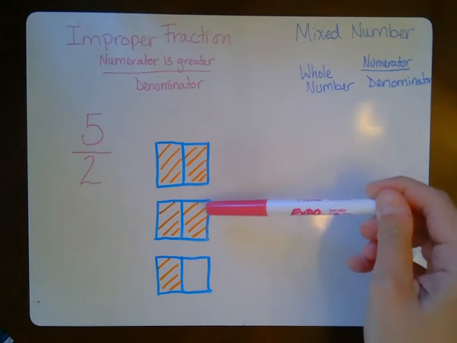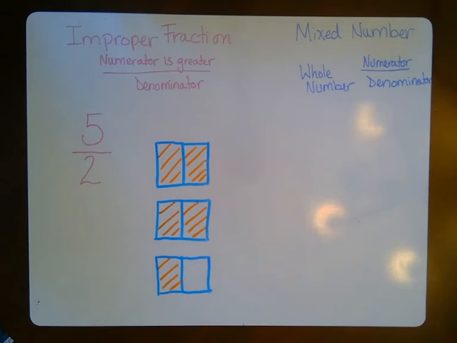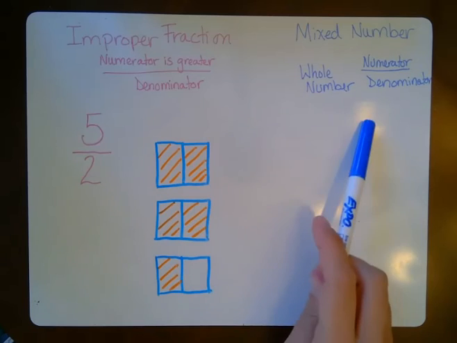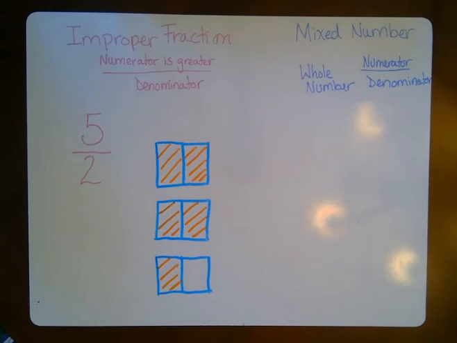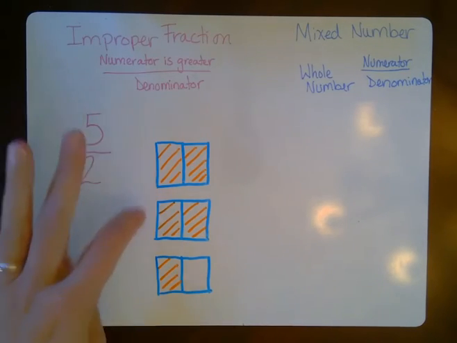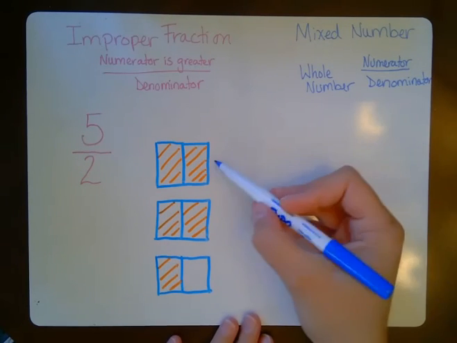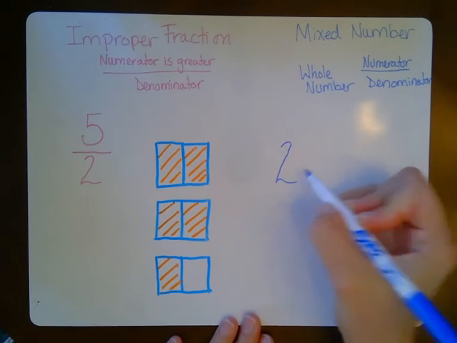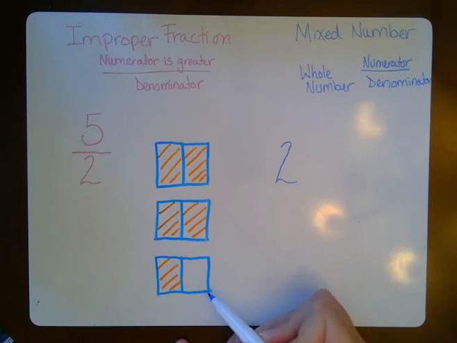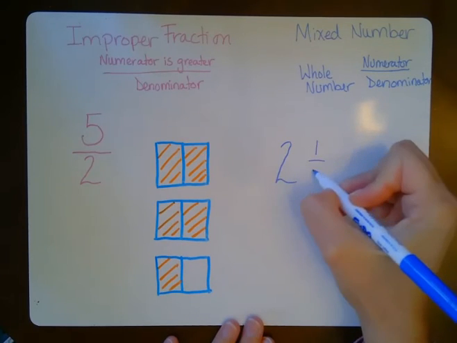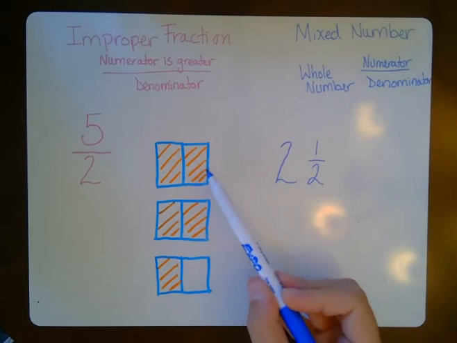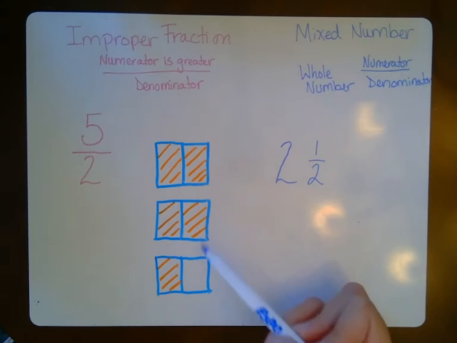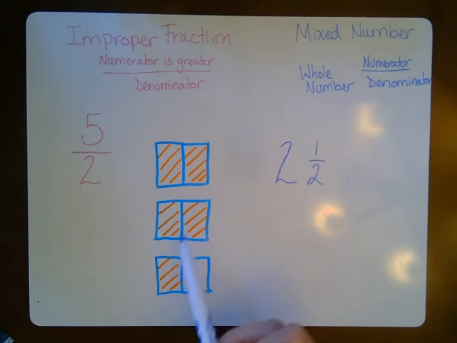So this is a model of halves. I can find the equivalent fraction of this improper fraction as a mixed number by now looking at the whole number. How many whole models do I have shaded in? I have 2. And my remaining model shows 1 of 2 parts. So 1 whole, 2 wholes, and 1/2. Or 1, 2, 3, 4, 5 halves.